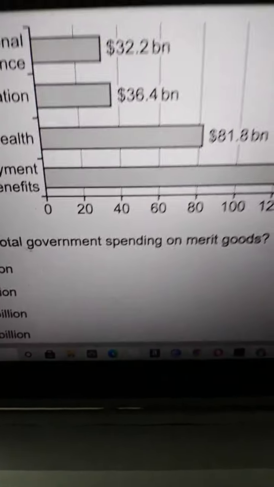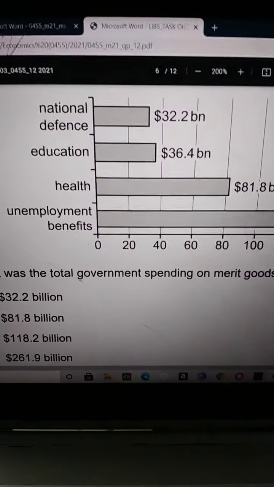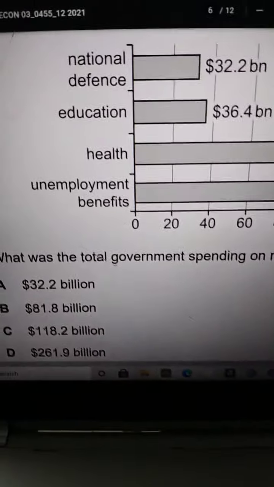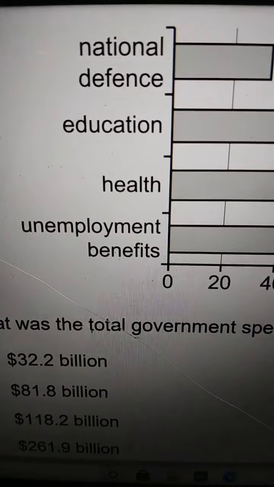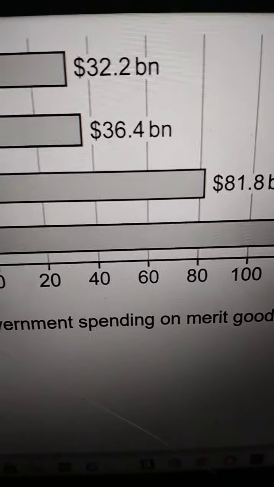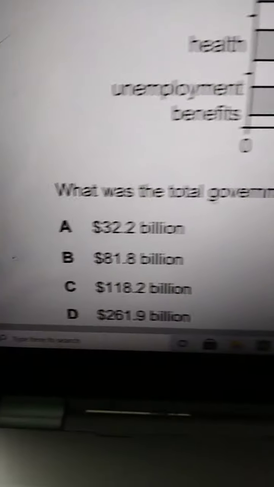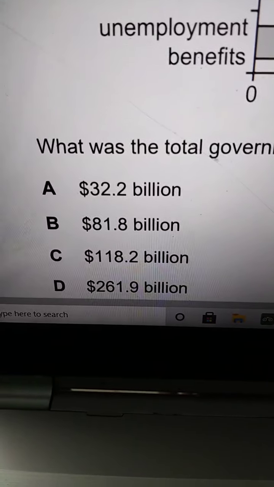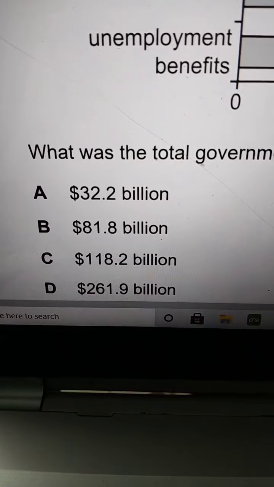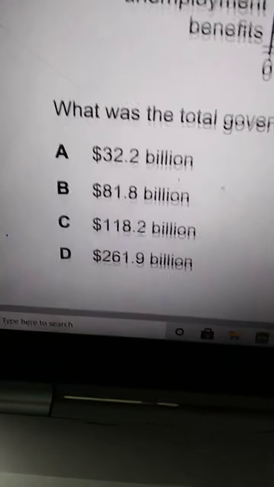Merit goods are the goods which are beneficial for the economy and they are not fully appreciated by the consumers. Education and health are the two things which are related to the merit goods. So add 36.4 plus 81.8 and most probably, yes, C is the answer, 118.2 billion if you add the education and health.